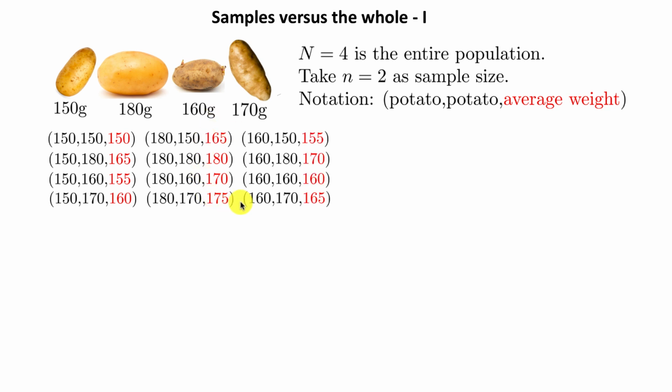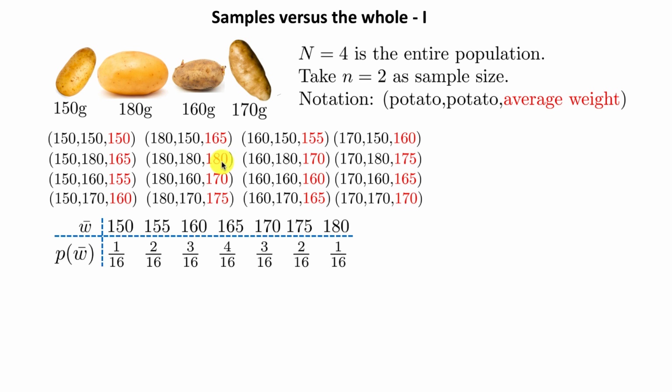Similarly, I could have picked up the third potato, in which case I would have got, again, these averages here and here, in which case I'll get these over here. So now you see that I can get only 7 values for the average: 150, 155, 160, 165, 170, 175, and 180.